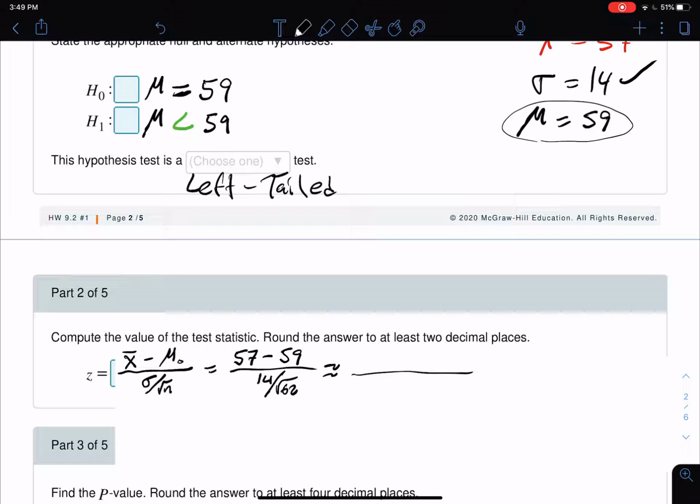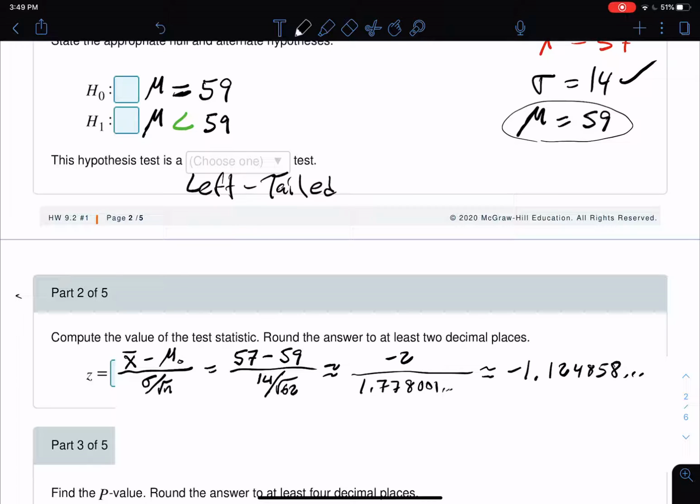We subtract and we get negative 2 in the numerator, and in the denominator 1.778001. We do that division problem and we get approximately negative 1.124858, and so on.